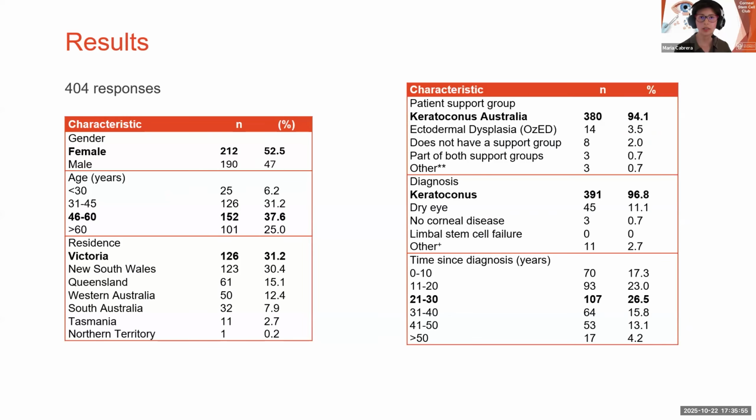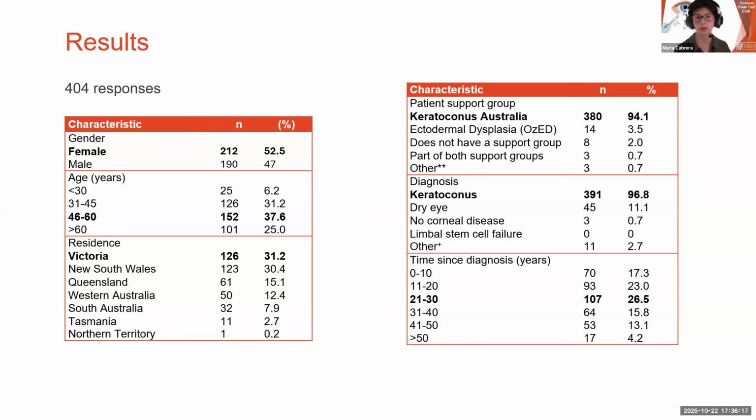We obtained 404 responses, mostly female respondents between 46 to 60 years of age, who lived in Victoria, and they mainly came from the Keratoconus Australia support group.